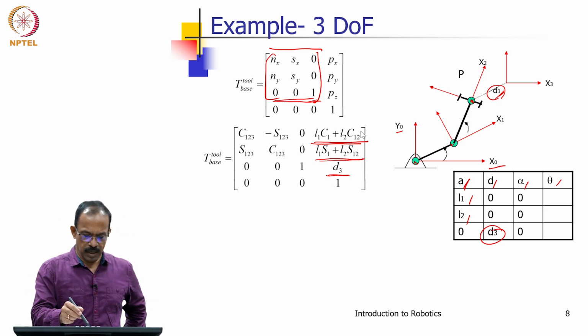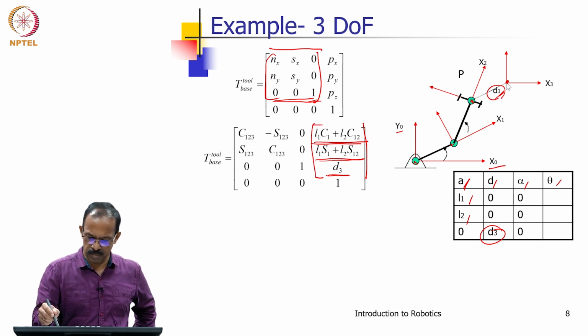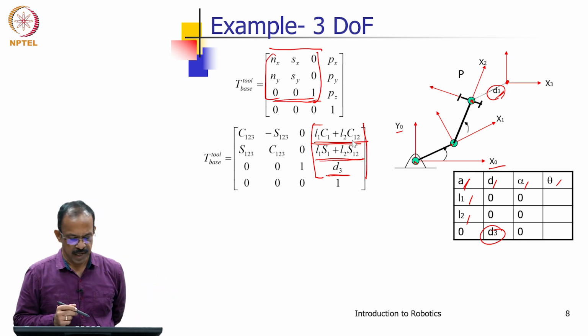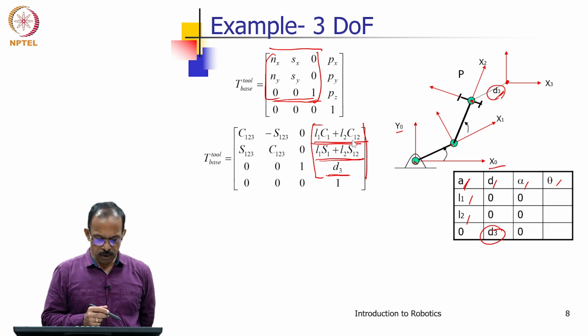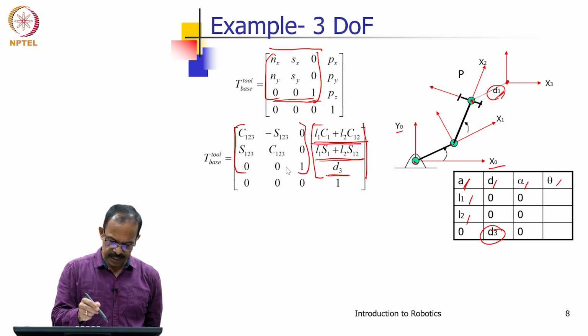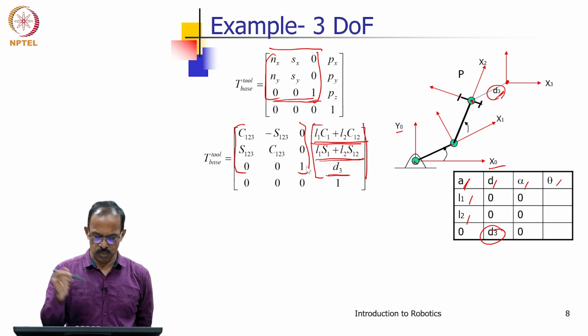So, this will be the position vector for the tool. Now, the orientation will be given by the matrix C123, minus S123, S123, C123, 0, 0, 1.